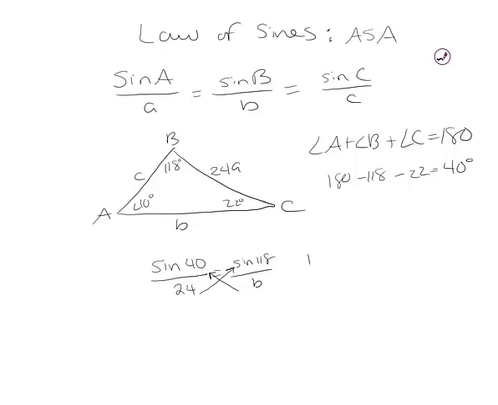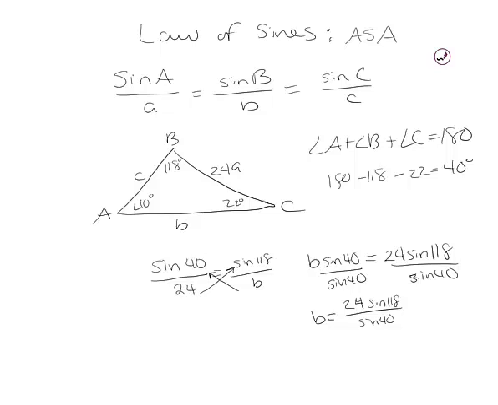So b sine of 40 is equal to 24 sine of 118. Dividing by the sine of 40 on both sides, so we can get b by itself, gives me b is equal to 24 sine of 118 divided by the sine of 40, which approximately equals 32.9669.